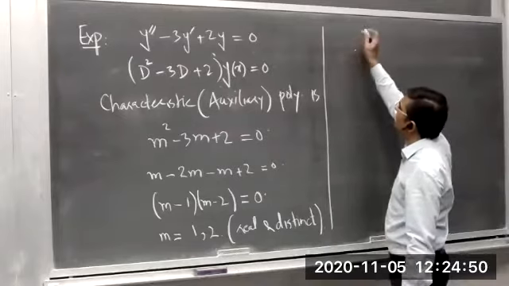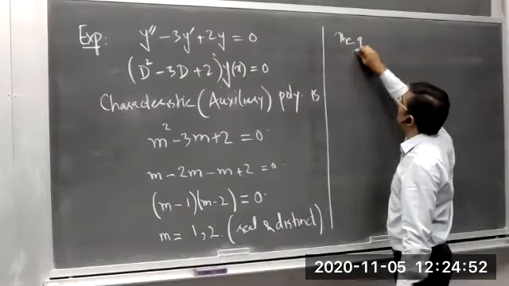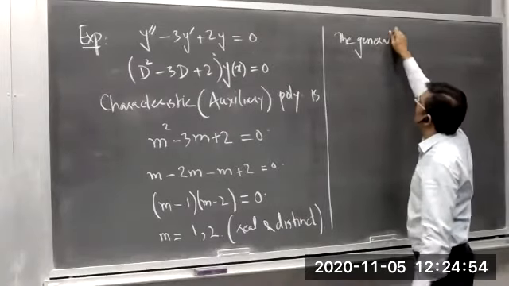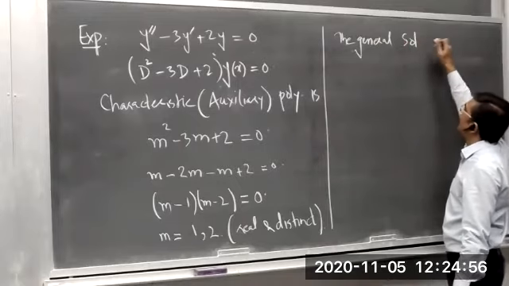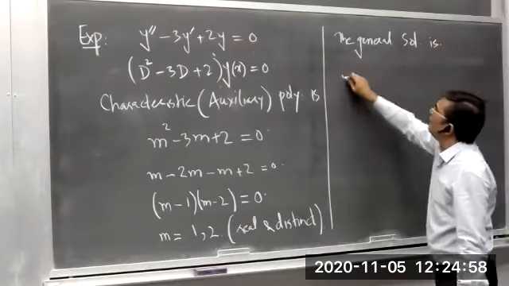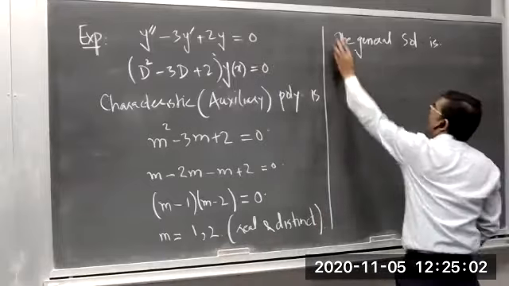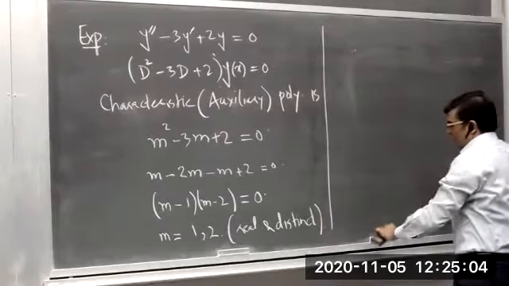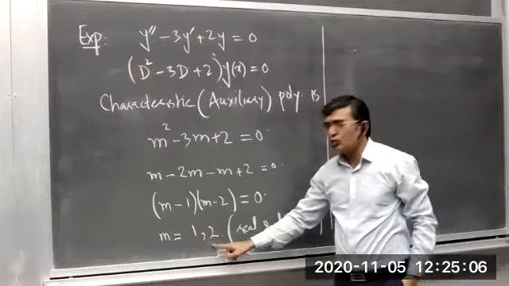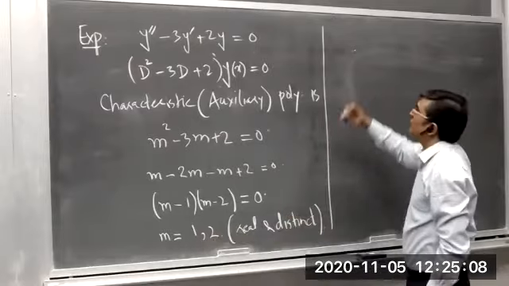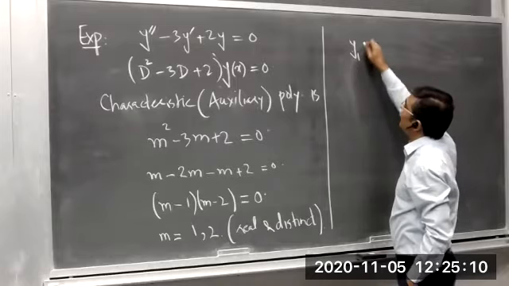In this case, the general solution can be written in this form. Before writing the general solution, we say that if there are two roots and both are distinct, we obtain two linearly independent solutions.